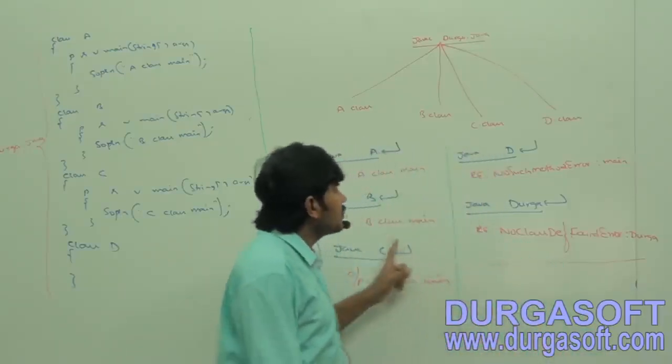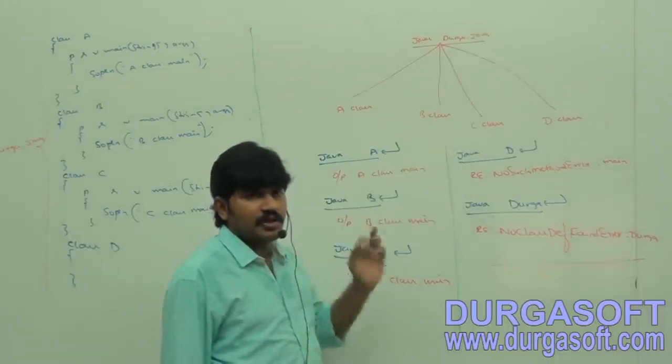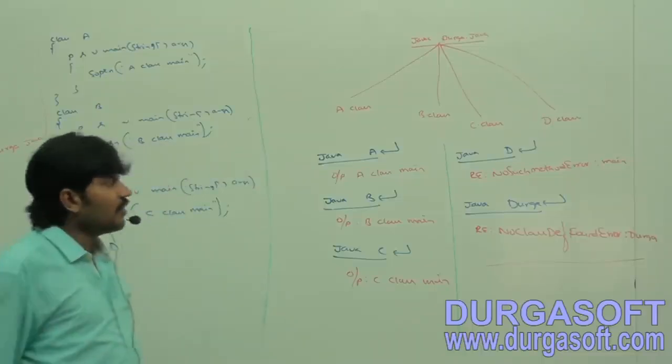Correct or not? In this example, how many classes were generated? Four classes, because four classes are present in our Java program, right?